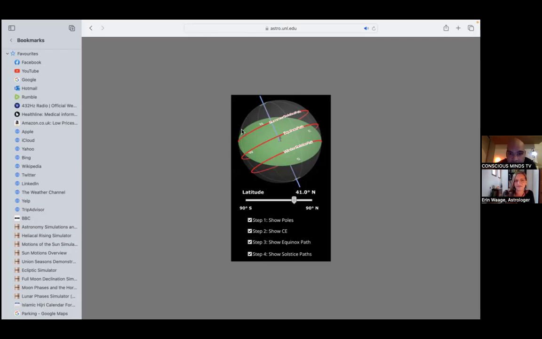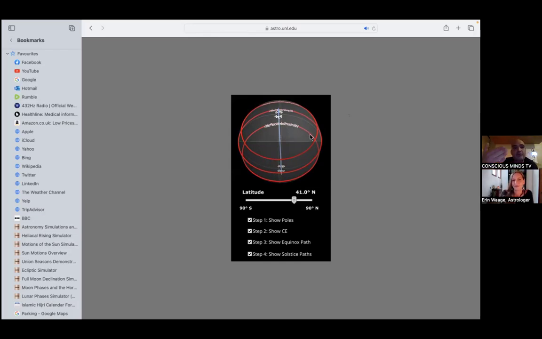If I turn this round, because we look from north to south, there are 3 loops here. The most bottom loop is the Tropic of Capricorn. You can see it's a short loop. That's why we get a shorter day.